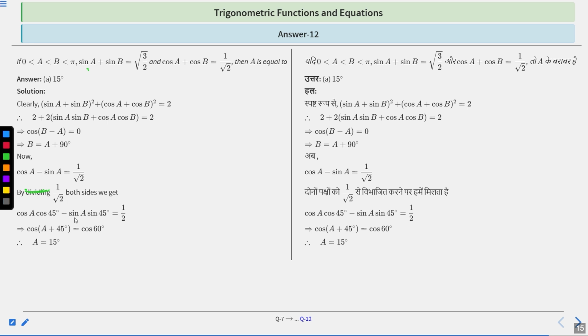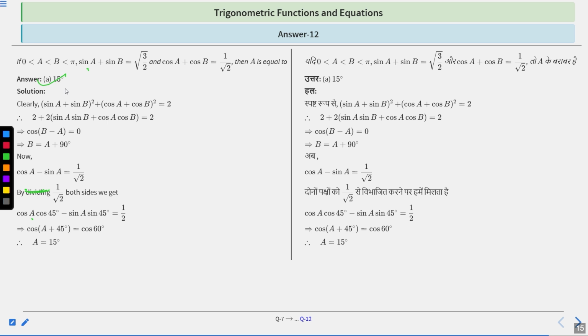So cos A into cos 45 degree minus sin A into sin 45 degree is equal to 1 by 2. Since this is of the form cos of A plus B, cos of A plus 45 degree equals cos 60. Therefore, A is equal to 15 degree. Got it? Therefore, option A is the right choice, 15 degree.